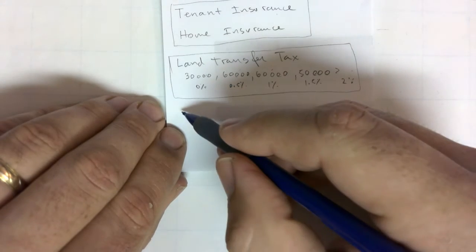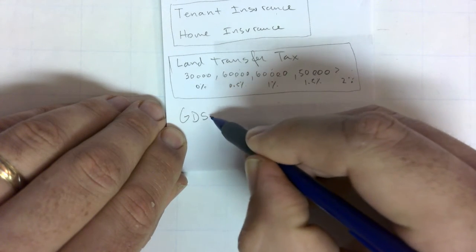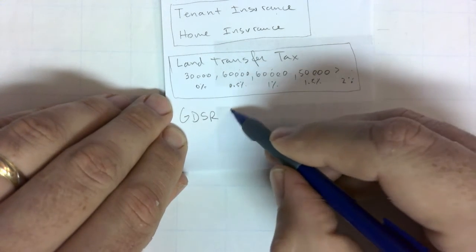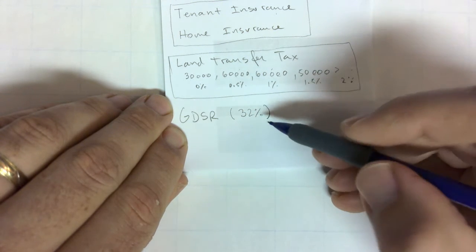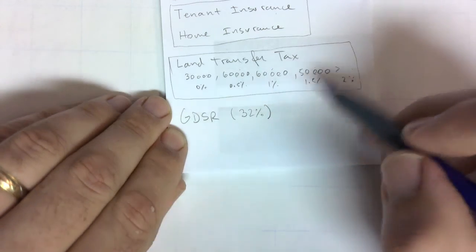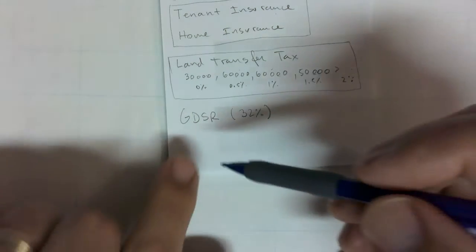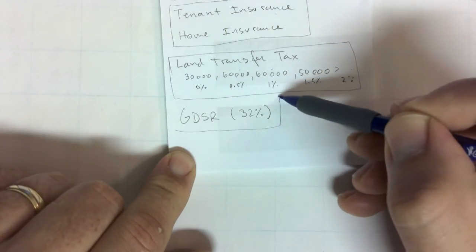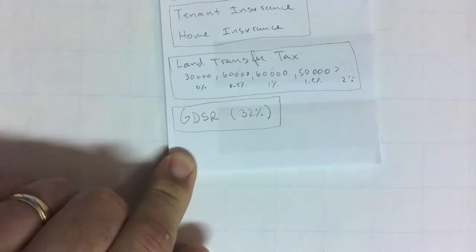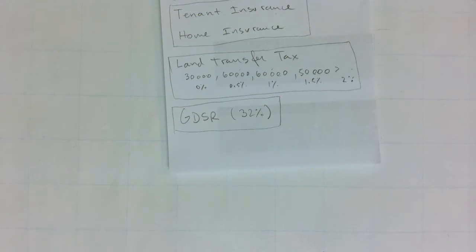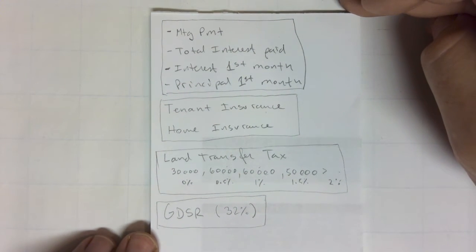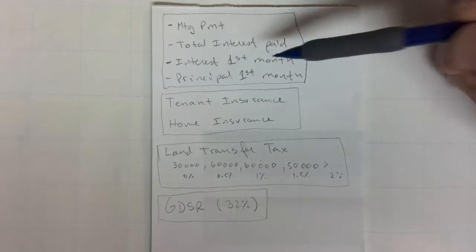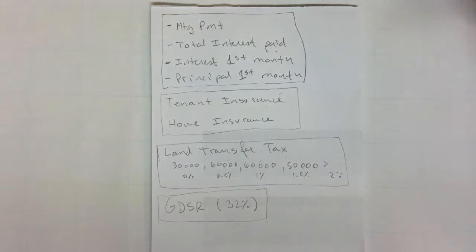And last but not least is the GDSR, right? And there you just need to remember the 30%, 32% is what you're after, right? Because we don't want to be spending more than 32% of our household income on housing costs, right? So in a nutshell, that quiz tomorrow will have all of these components in there, but this is not an exhaustive list.